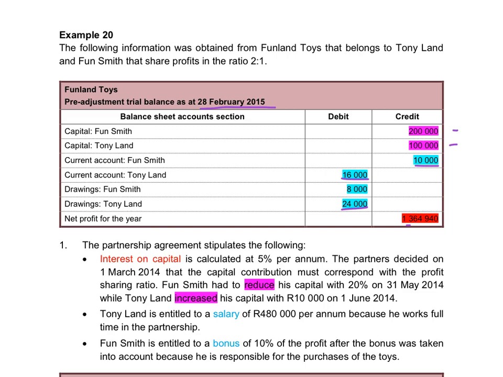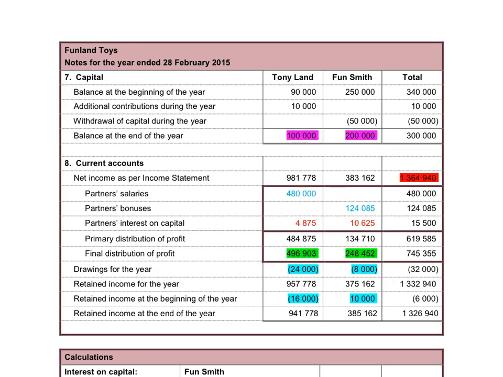So first of all, we have to record the interest and the salary and the bonus. So an adjustment will be done where the accounts are debited and the current account is credited. If we look at the capital, we see that the opening balance we have to calculate because the closing balances are given.